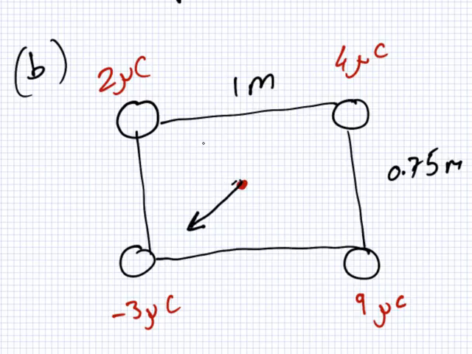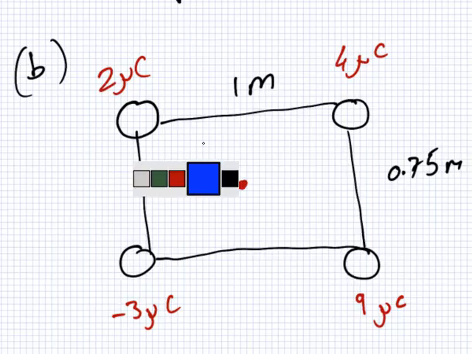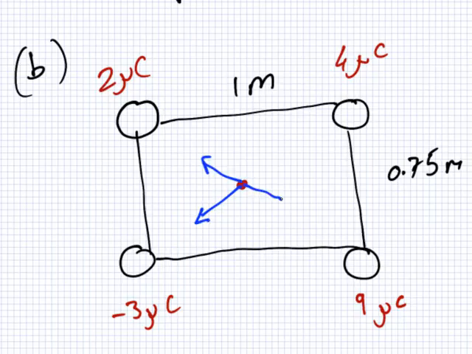The 9 microcoulomb is stronger than the 2 microcoulomb, so it pushes to the 2. No, what I'm doing is drawing the 4 forces. There's one force going this way from the 9, pushing it away. There's one force going this way, pushing away from the 2. And then there's one force going this way, pushing it away from the 4.